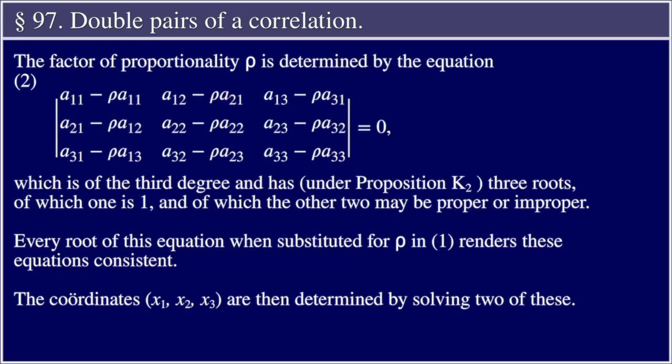Every root of this equation, when substituted for ρ in equations 1, renders these equations consistent. The coordinates x1, x2, x3 are then determined by solving 2 of these.